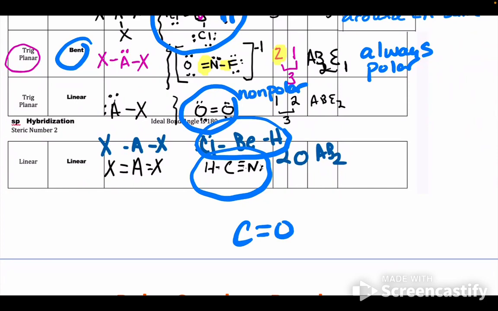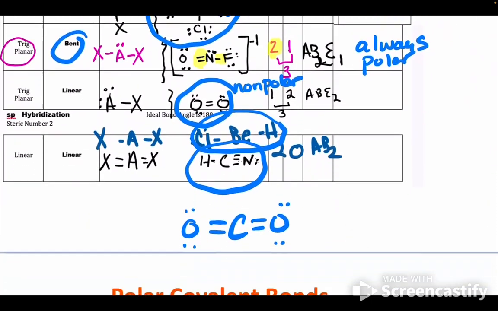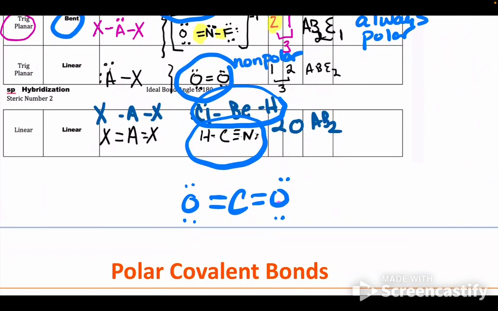But if I had carbon dioxide, it would be nonpolar. So when it's a 3-atom linear, it's really that same rule as the trig planar and the tetrahedrons. If the outside atoms are the same, then it's going to be nonpolar. If they're not the same, then it's polar.